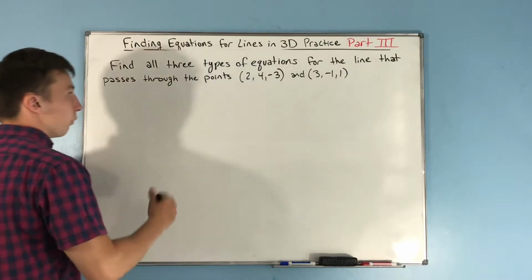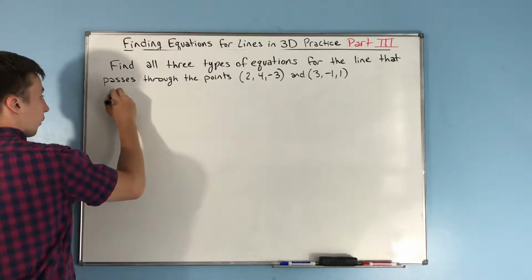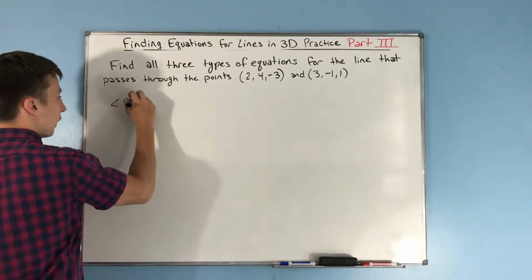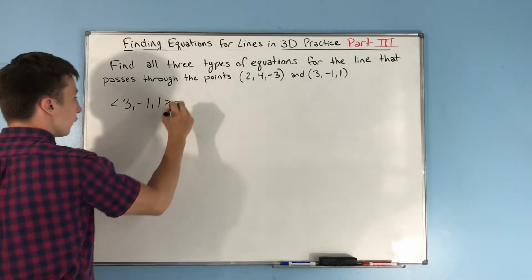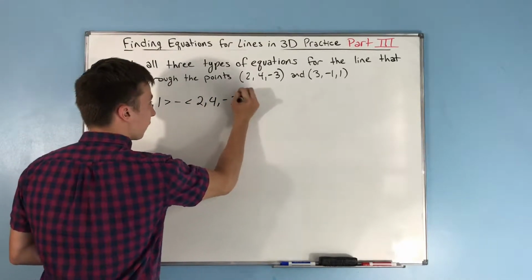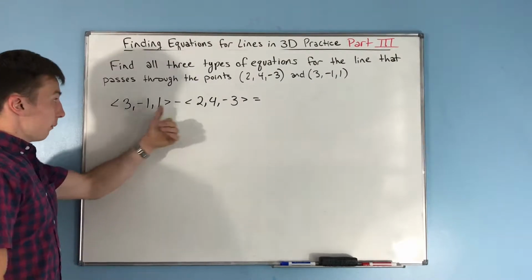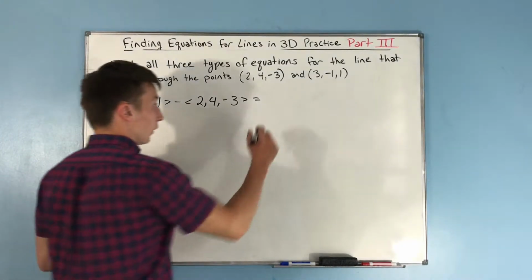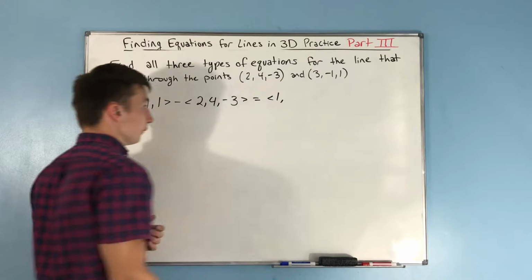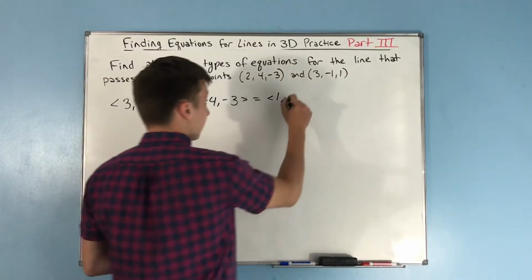First off, we're going to write these points as position vectors. We write (3, -1, 1) and subtract (2, 4, -3). 3 minus 2 is 1. Negative 1 minus 4 is negative 5.